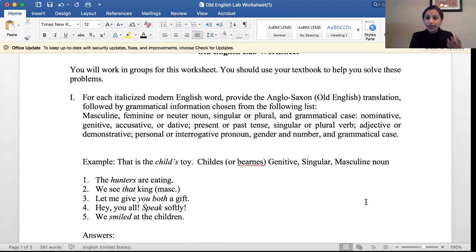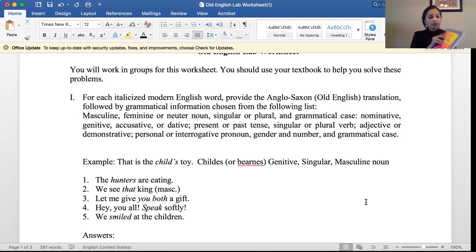That is the child's toy becomes childish or beerness in Old English, and it's a genitive case marking. It is singular and it's a masculine noun. So that's the kind of information that I want you to give me for each of the italicized words. Now, where will you find this information?